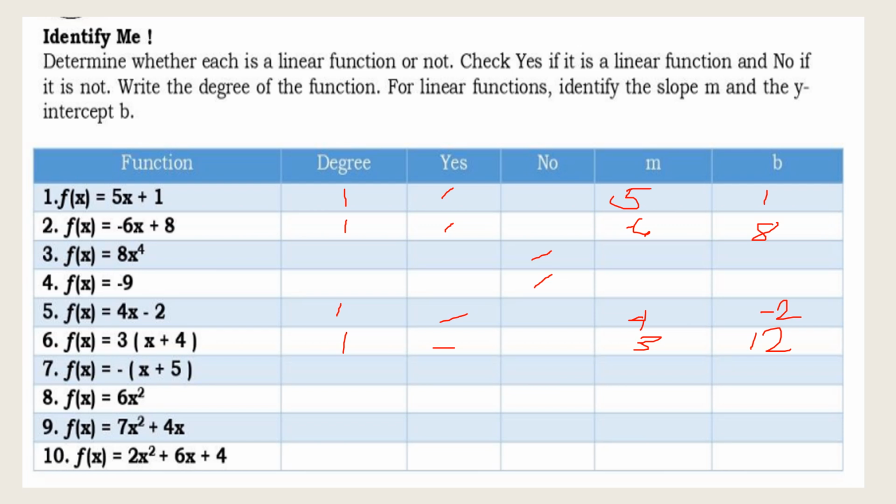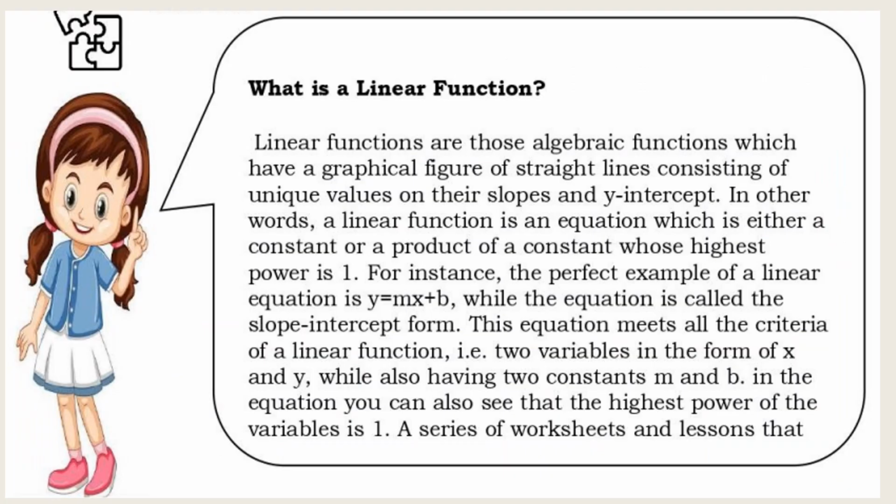This is a first degree function, yes, it is, and the m is negative 1 and the b is negative 5. All right, so number 8, no. Number 9, it's actually quadratic, so no. Okay, that's it. Let's continue.